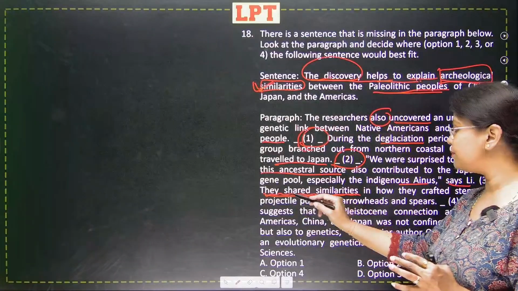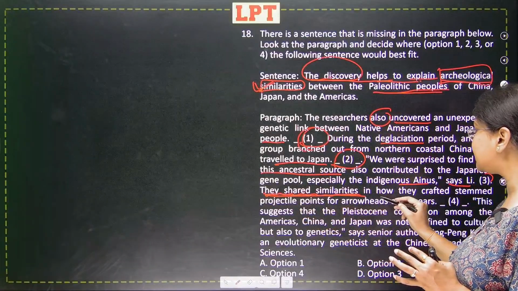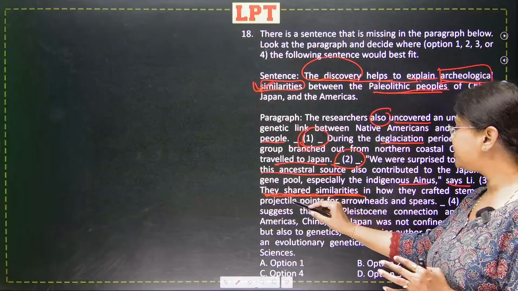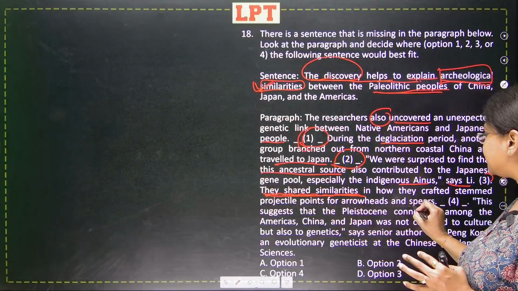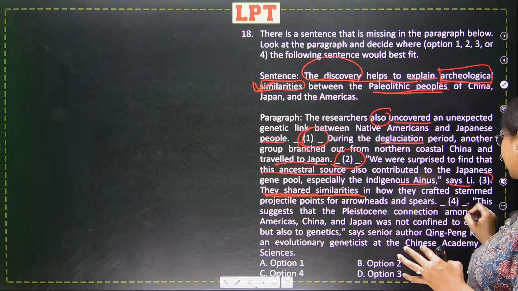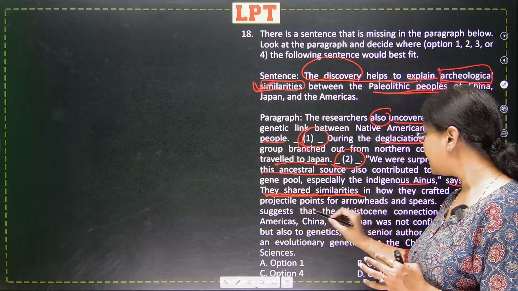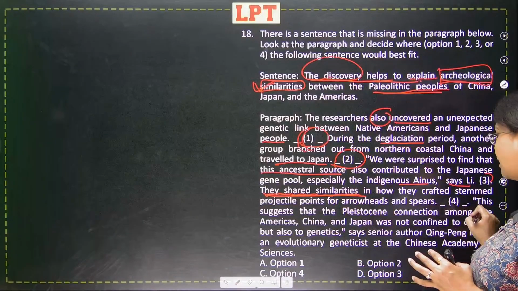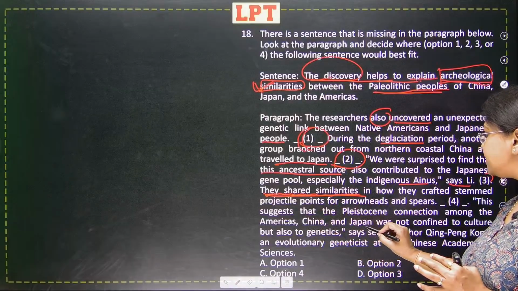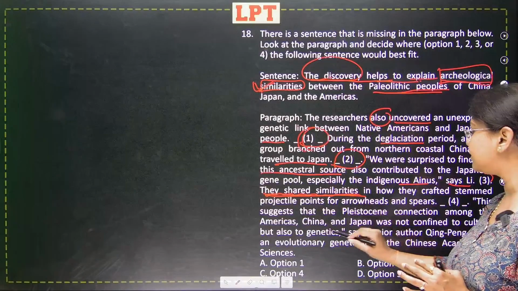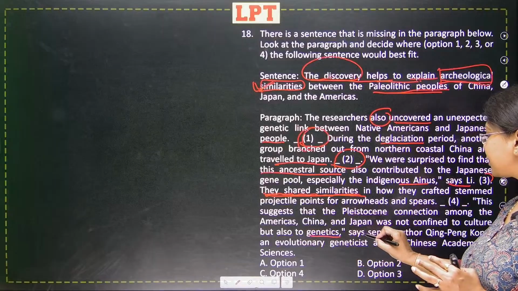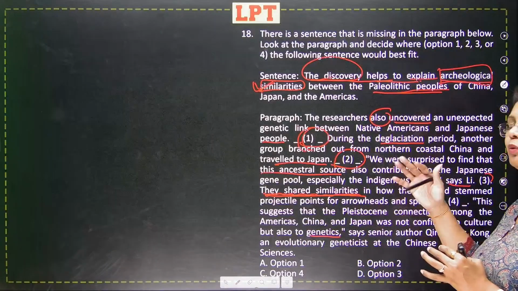Here there is a sentence which says, they shared similarities in how they crafted stemmed projectile points for arrowheads and spears. Then you have the fourth blank, and that says, this suggests that the Pleistocene connection among the Americas, China and Japan was not confined to culture but also to genetics, says senior author Ping Pan, and you go on further.